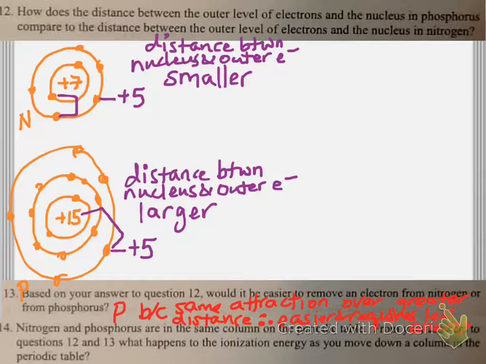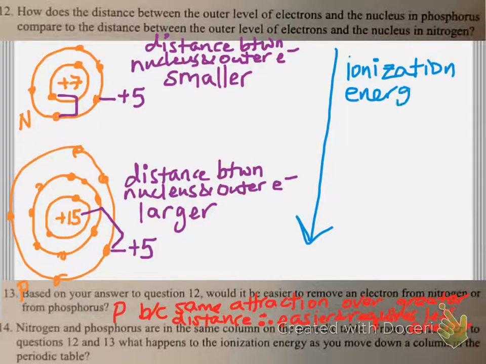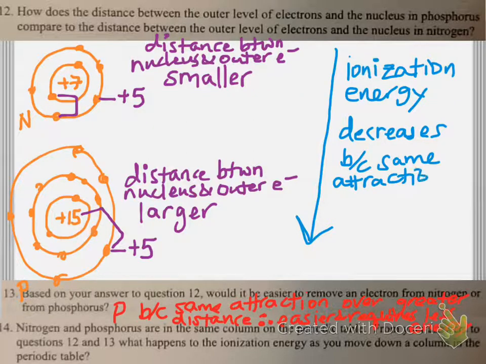Number 14. Nitrogen and phosphorus are in the same column on the periodic table. From your answers to questions 12 and 13, what happens to the ionization energy as you move down a column in the periodic table? So we're going down a column, and our ionization energy decreases because it's the same attraction for the nucleus acting over a larger distance.